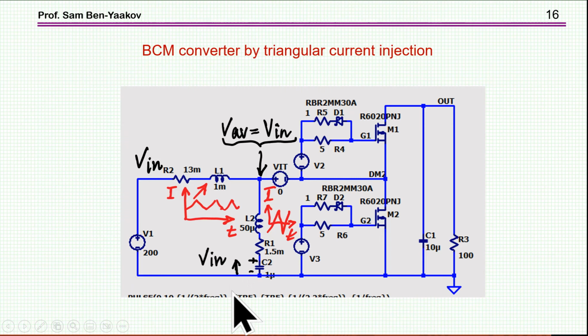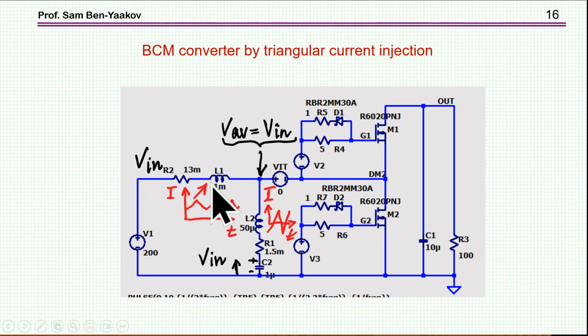A major benefit of this ripple injection approach that needs to be emphasized, and perhaps this would be the main reason to go to this configuration, is the fact that we have here low ripple, and therefore there's a low ripple injection into the source. This is very important because in order to pass EMC norms, one has to put filters in order to reduce the ripple injection into the line.